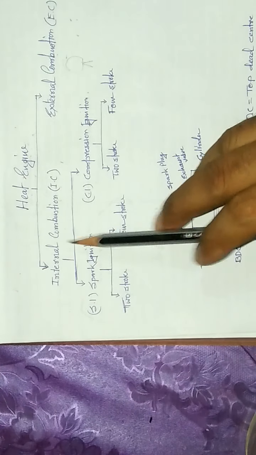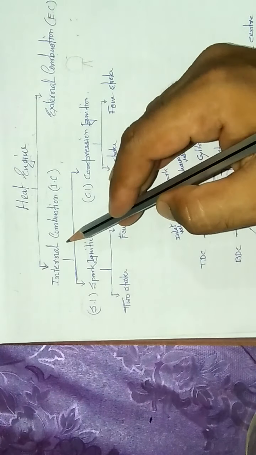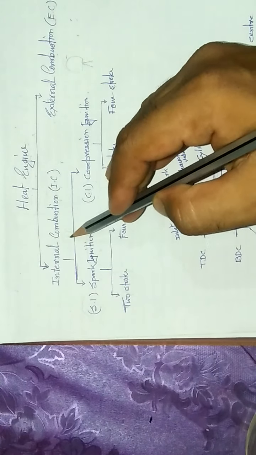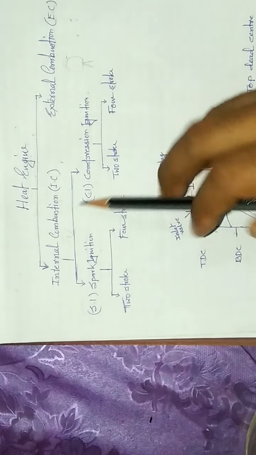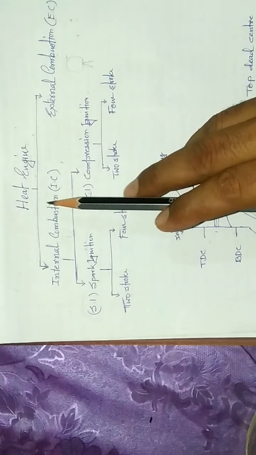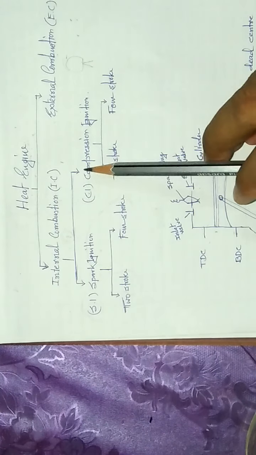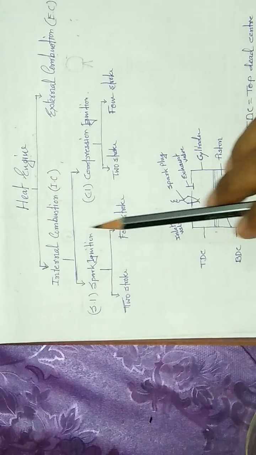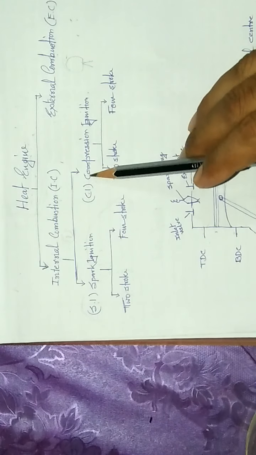In an internal combustion engine, the combustion of fuel takes place inside the cylinder. For example, petrol engine, diesel engine. Further, we can classify the IC engine into SI engine and CI engine.